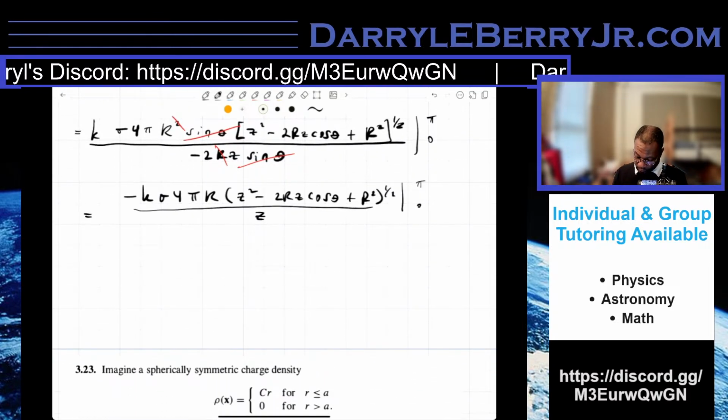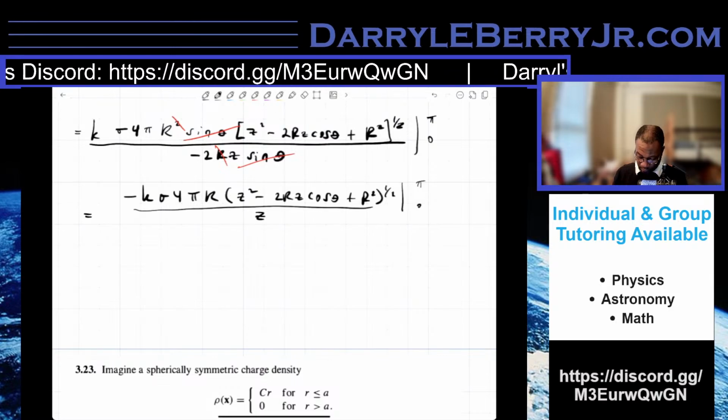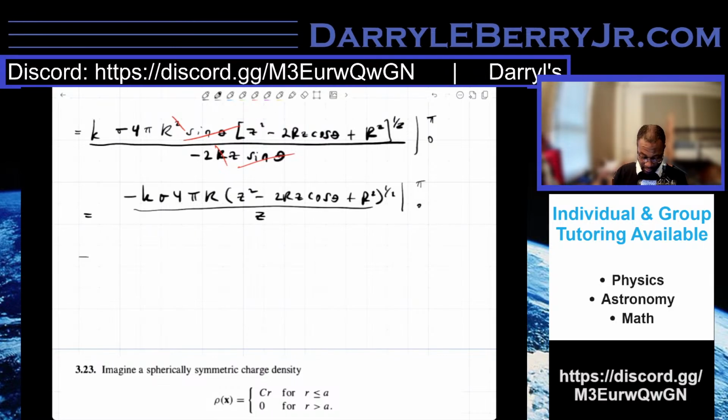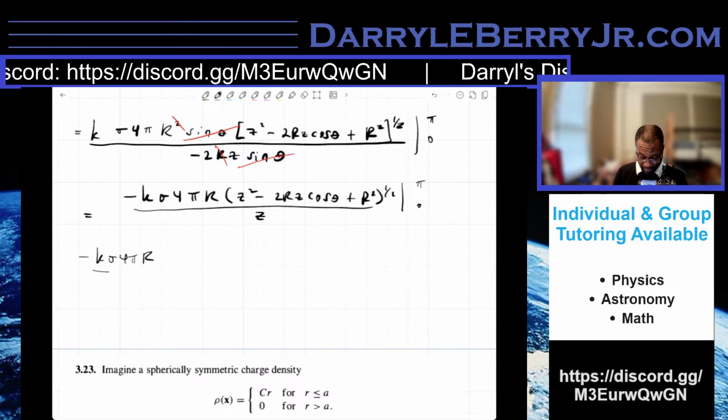So it would be negative k sigma 4 pi big R over z.